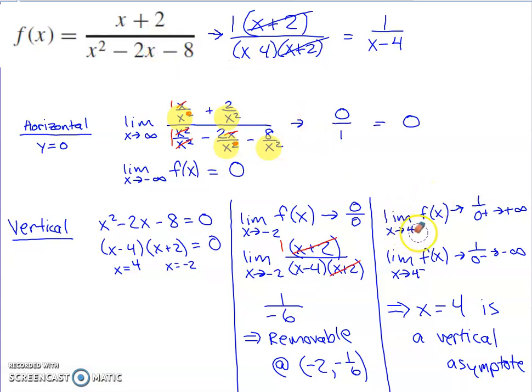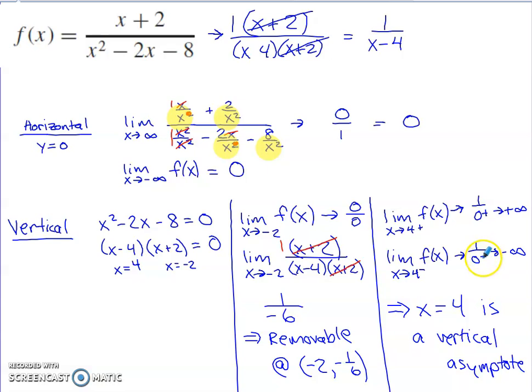So I'm checking the limit on the bigger side of 4. When I put a number slightly bigger than 4 here, and I subtract 4 from it, I do end up really close to 0, but I'm slightly positive. A positive divided by a positive is positive infinity. When I check the limit on the other side of 4, at a value like 3.9, slightly smaller than 4, 3.9 minus 4 gets me really close to 0, but does take me a little bit to the negative side of 0.